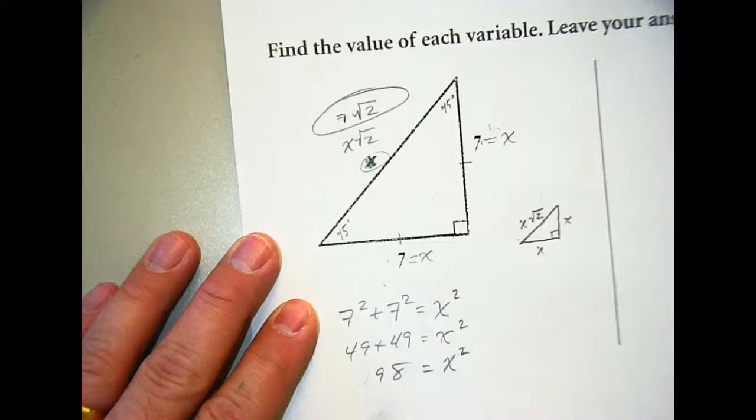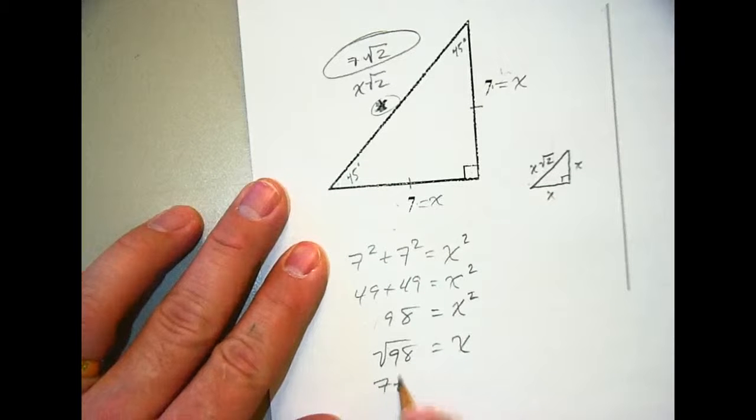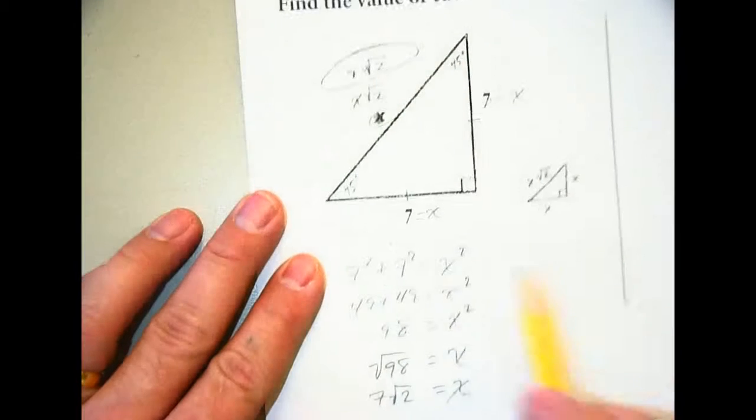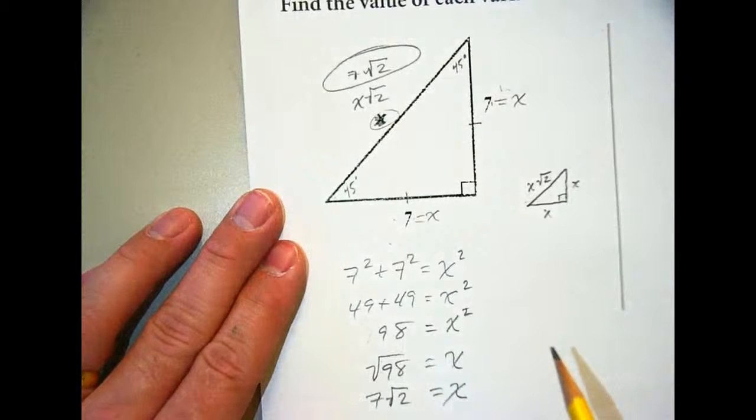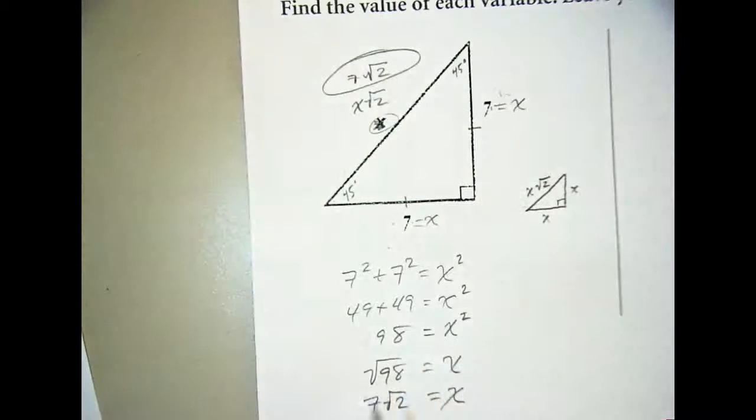Then I take the square root of 98, which is x, and then I simplify that to 7 root 2. This is much faster if we know that relationship. That's the goal here, that we can quickly find those values. That answer your question?